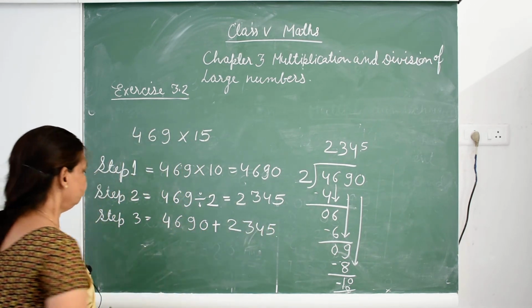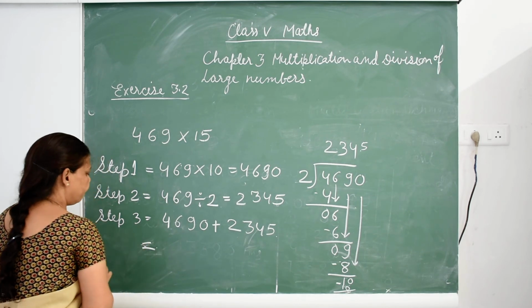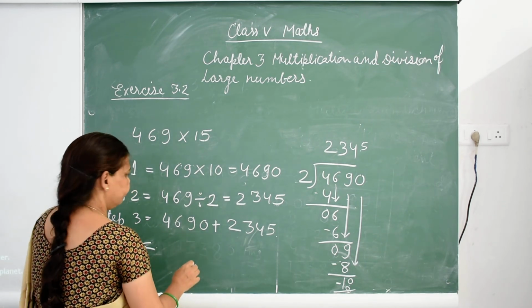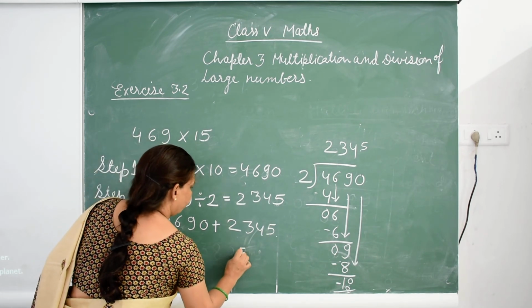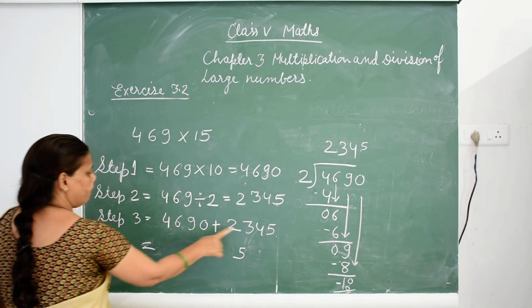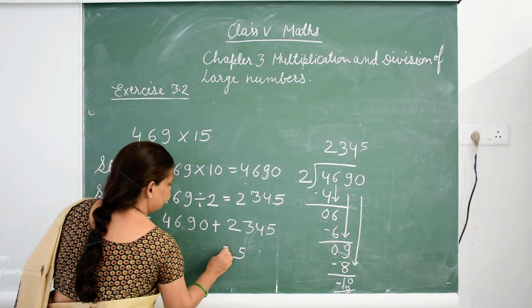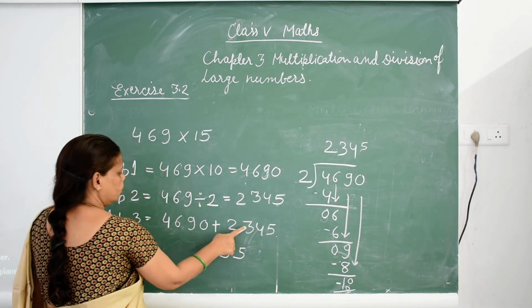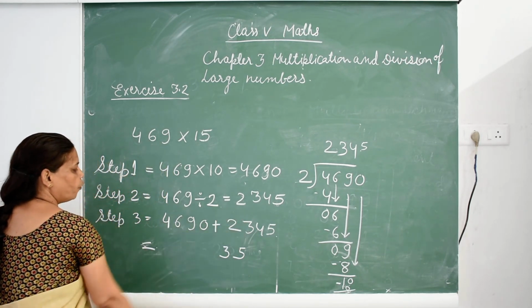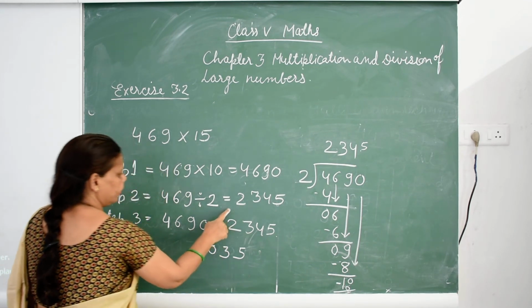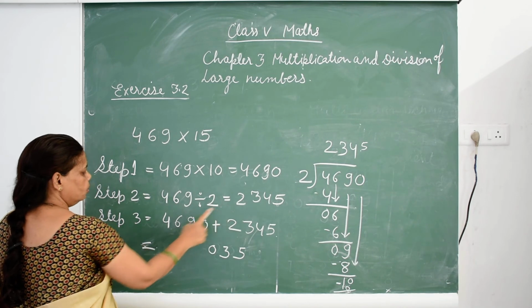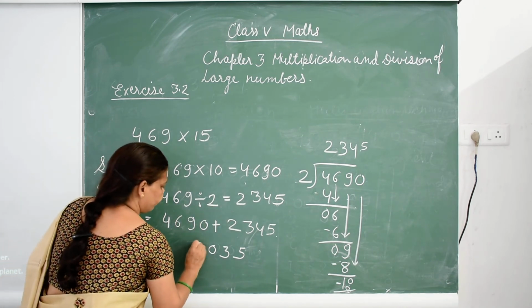4 6 9 0 plus 2 3 4 5. Now plus both the numbers. How much will we get? 5 plus 0, 5. Now 4 plus 9, 13. Carry over 1. 3 plus 1, 4. 4 plus 6, 10. Carry over 1 here. 2 plus 1, 3. 3 plus 4, 7.